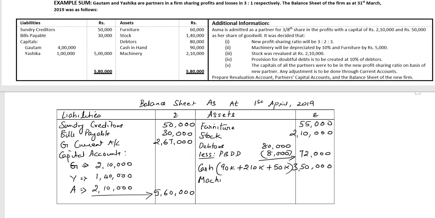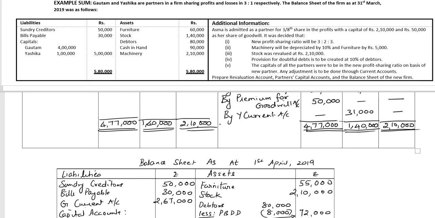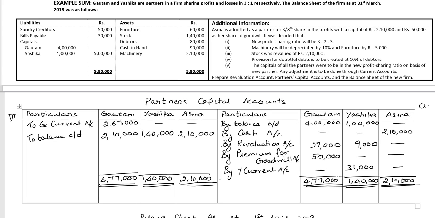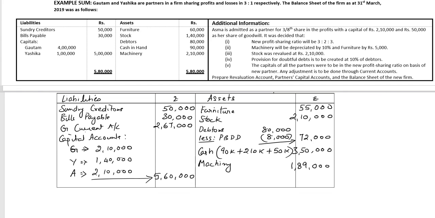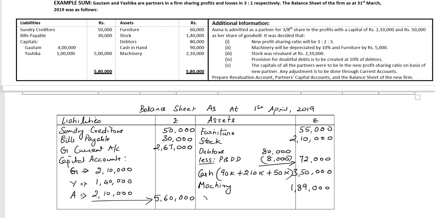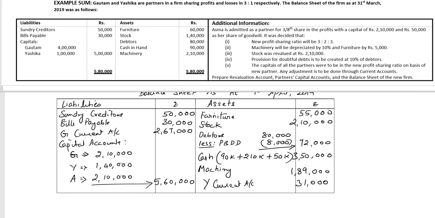Machinery. There's a reduction of 10%, 21,000 rupees. So right now it's 1,89,000 rupees. And we'll see the partners' current accounts having a debit balance. It's Yashika's current account, 31,000 rupees, which has a debit balance. We've completed the items.